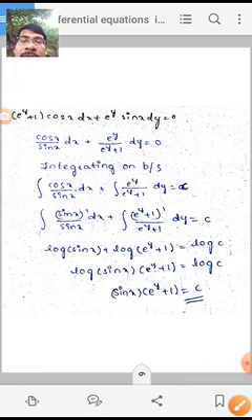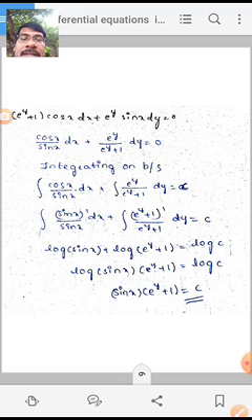Next, e power y plus 1 cos x dx plus e power y sin x dy is equal to 0. We have to separate the x and y variables. The differential equation goes to this form: cos x by sin x dx plus e power y by (e power y plus 1) dy equal to 0. Integrating on both sides, we are getting integration.